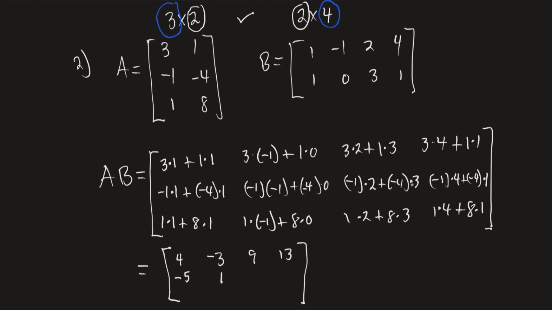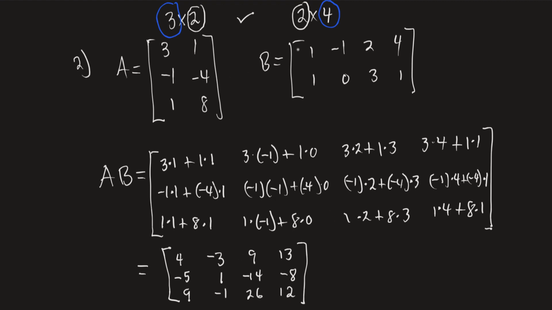Negative 2 minus 12, that's negative 14. Negative 4 plus negative 4, that's negative 8. And our final row, 1 plus 8, that's 9. Negative 1 plus 0, that's negative 1. 2 plus 24, that's 26. And then 4 plus 8, that's 12. Right? So that's the product of A times B.